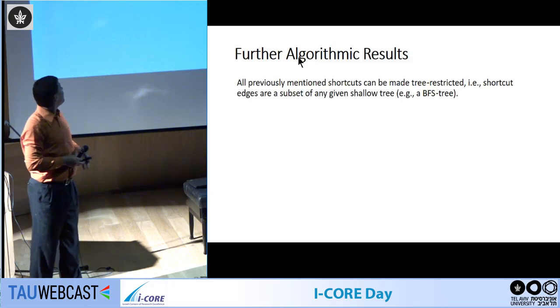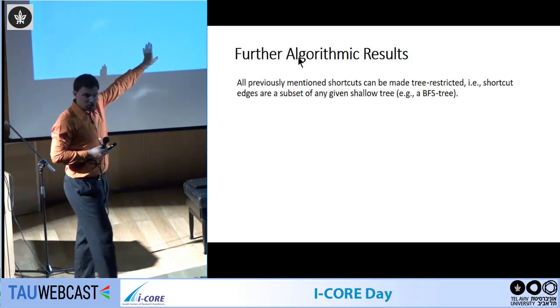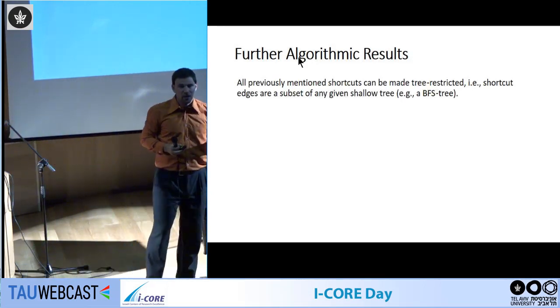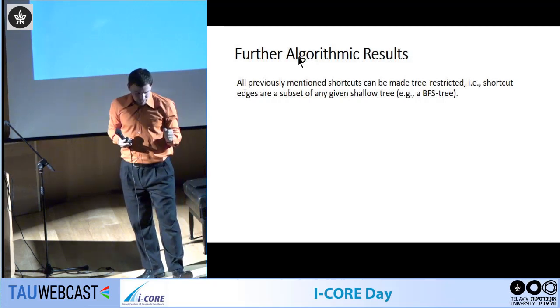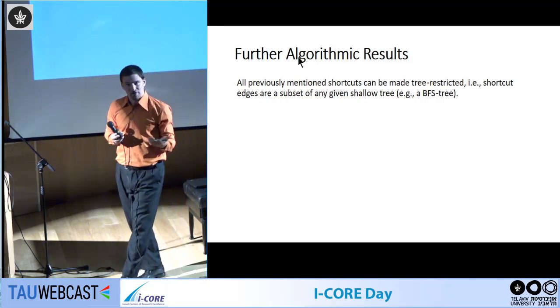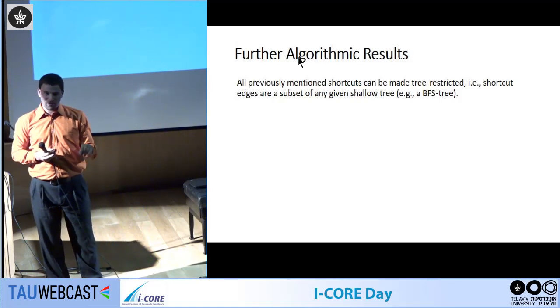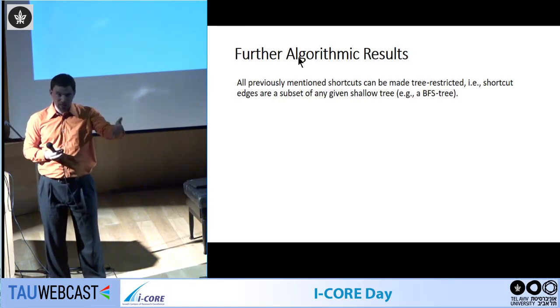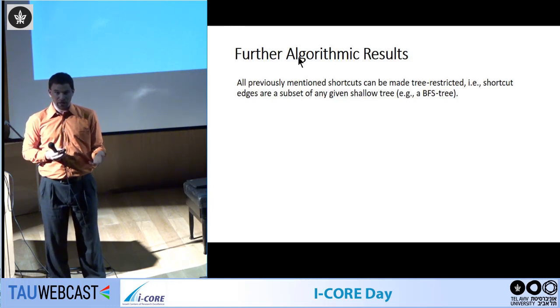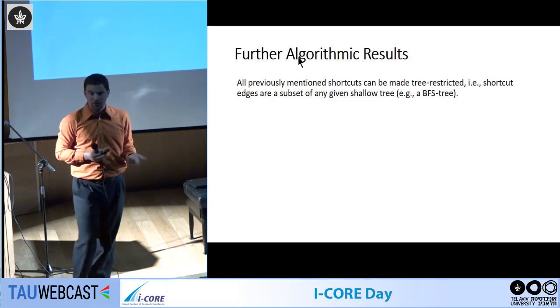Here's one thing that's really cool about all of these shortcut constructions. It actually turns out that they don't just exist, but they exist in a specific form. Basically, you can give me any low depth tree, and I'm only allowed to use these tree edges as my shortcut edges, and these shortcuts still exist. So we call these tree restricted shortcuts.